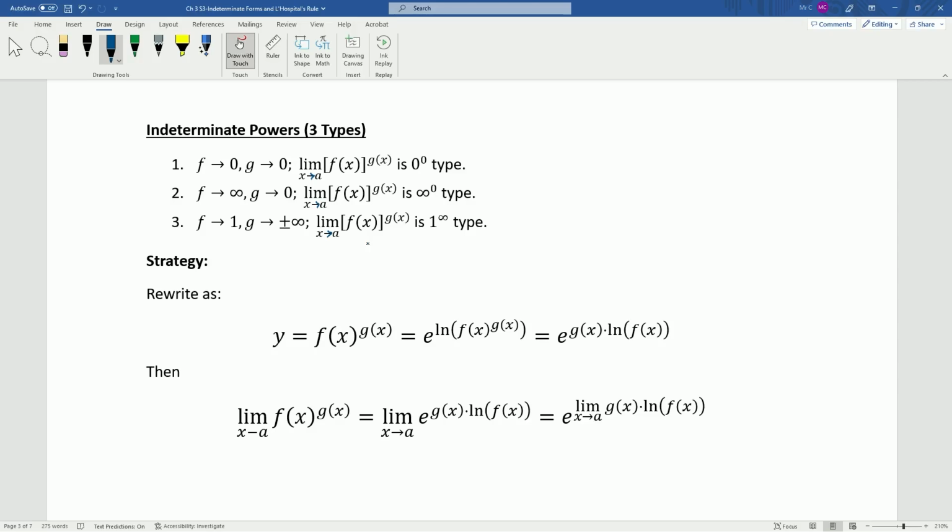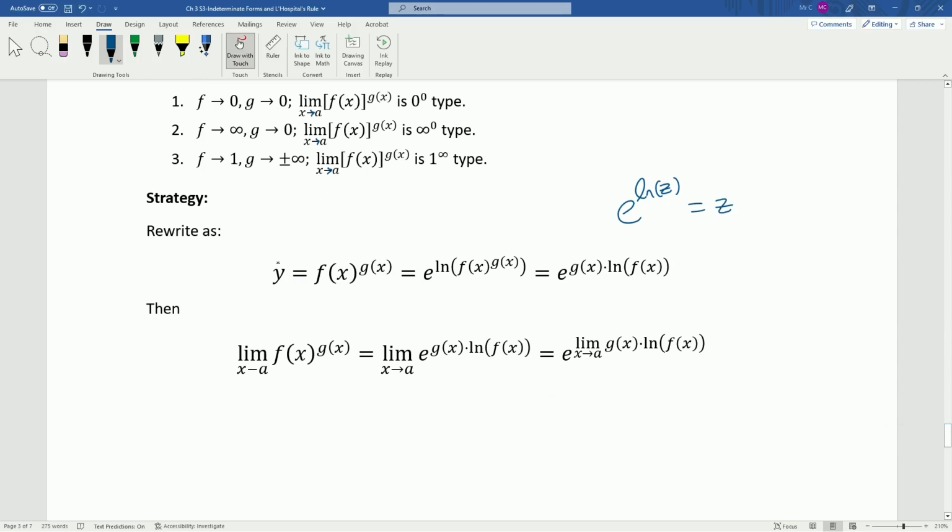So in the case of these, what we do is just a clever little trick using inverse functions. We know that e to the ln of z is always equal to z. So all I do is rewrite my function f to the g power as e to the ln of f to the g power. And that lets me use my power rule for the natural log to move g of x in front of the natural log.